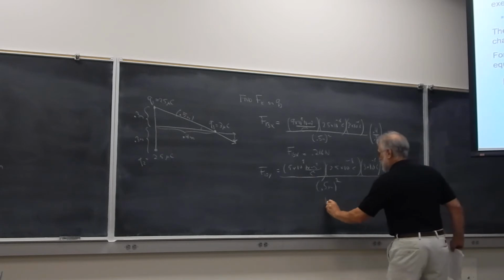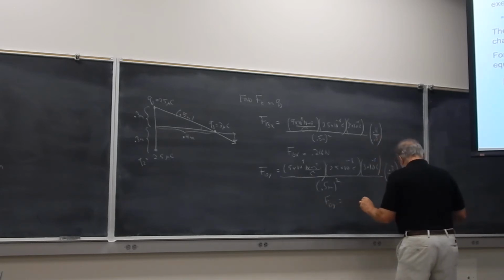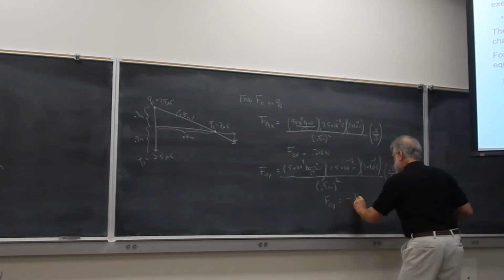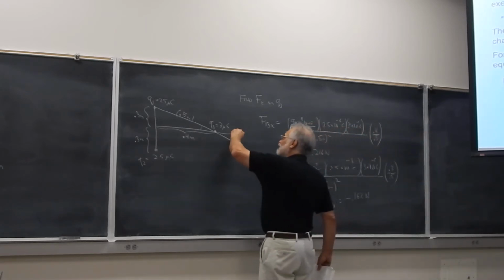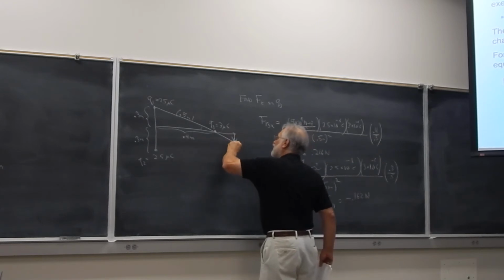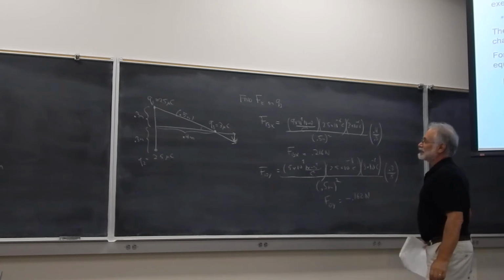And that gives me F13y, turns out to be minus 0.162 newtons. Remember, we said that the force is pointing in the negative y direction, so it's minus 0.162 newtons.